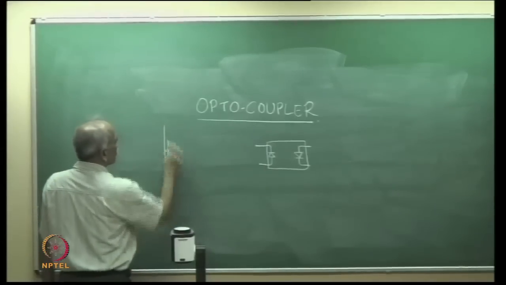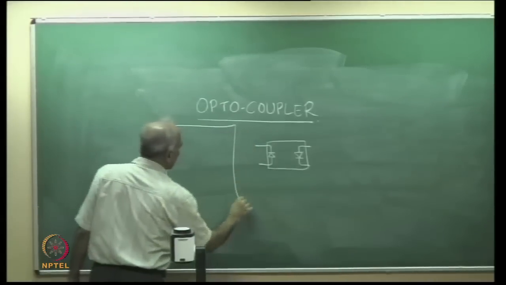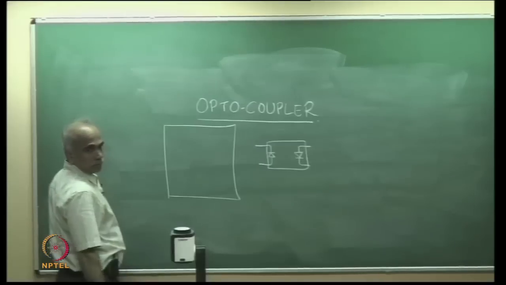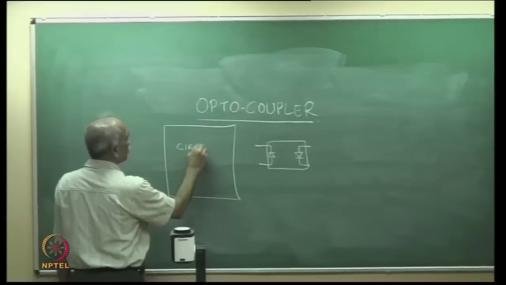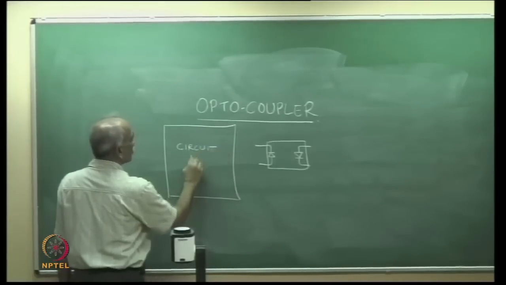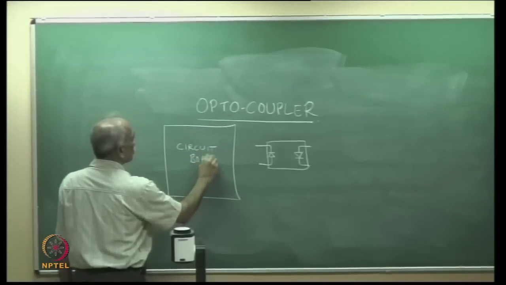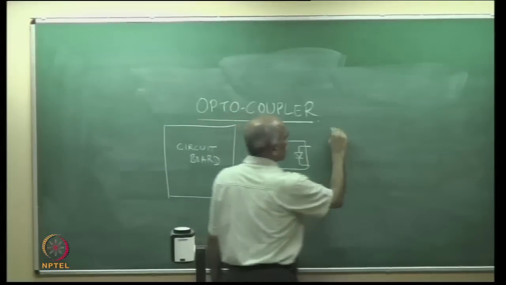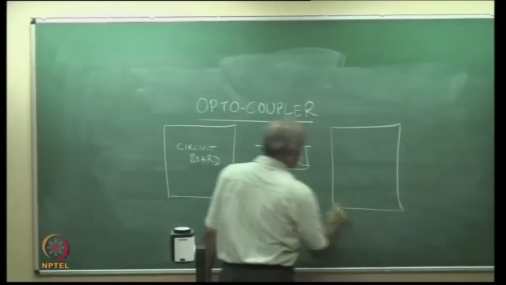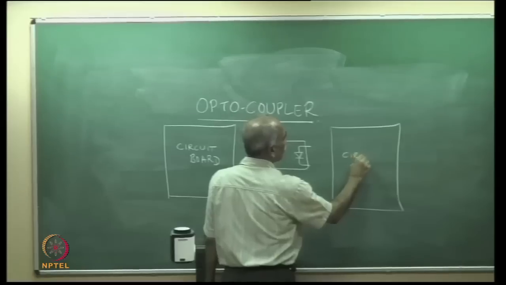You have an entire electronic circuitry, a PCB or a circuit board. So here is a circuit board, which was doing some signal processing operation. There's another circuit board here.